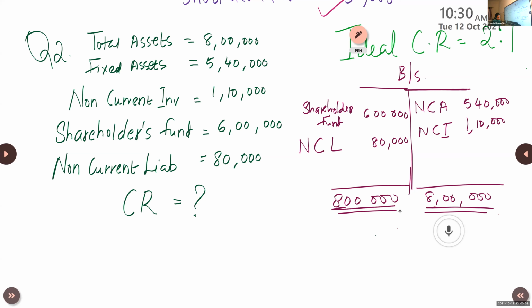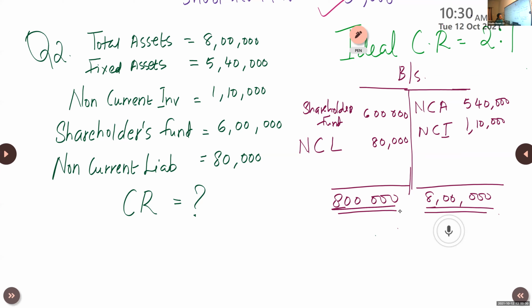Now, how do you find current asset and current liability? Now it's easy. Asset side already 5 lakh 40 and 1 lakh 10 is there. That is your non-current assets. So that becomes how much? 6 lakh 50,000.